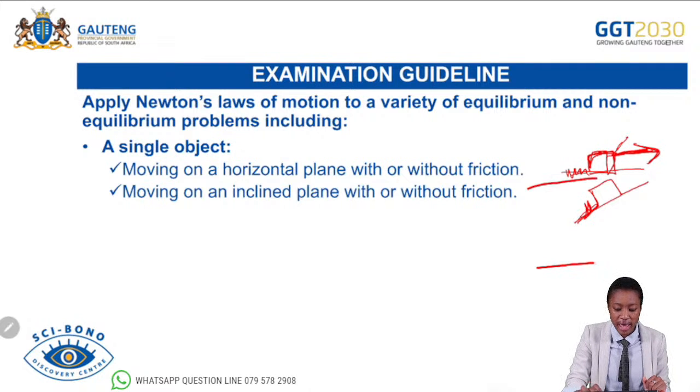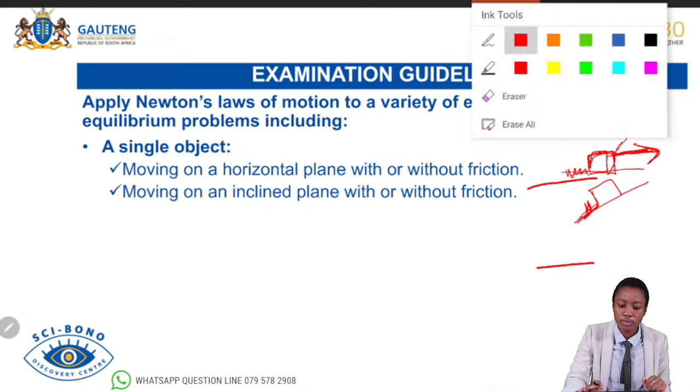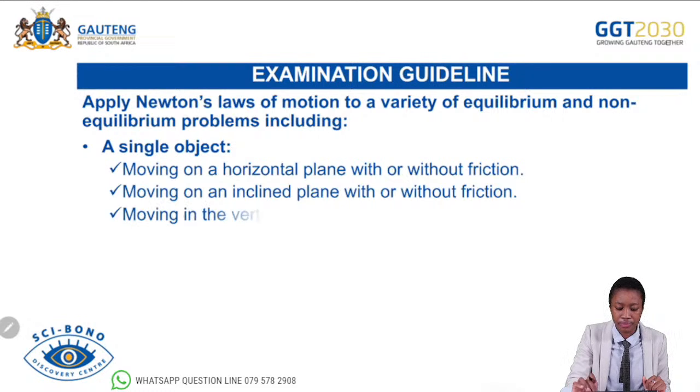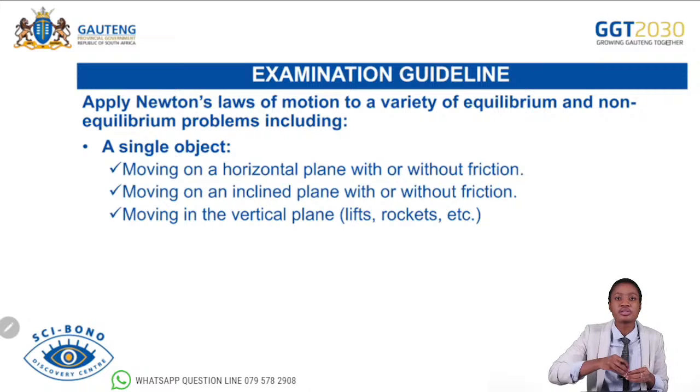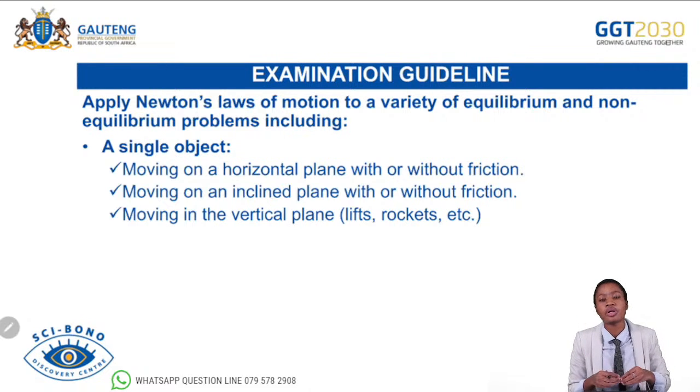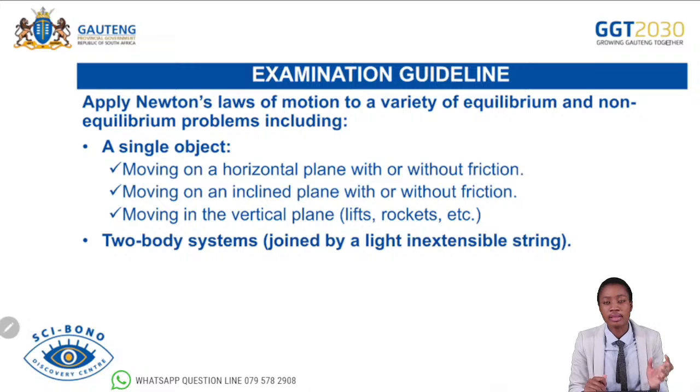And then we also have one where we're looking at motion on a vertical plane, like for example lifts, or an object that is suspended by a rope, or rockets. Those are the vertical plane. And these are all single objects.